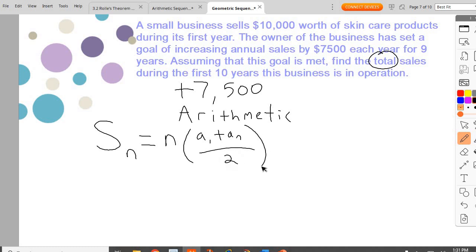So how many numbers are we adding together? 10. How much did she make the first year? 10,000. But now we also need to know how much she made the 10th year, because that would be a sub 10. So how would we find a sub 10?